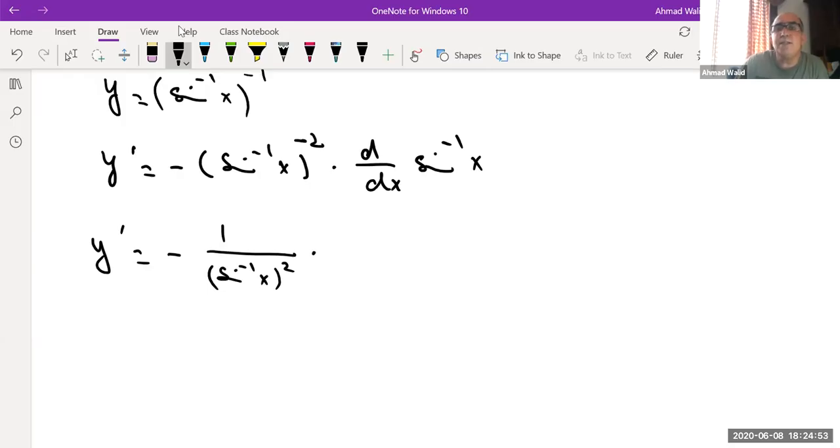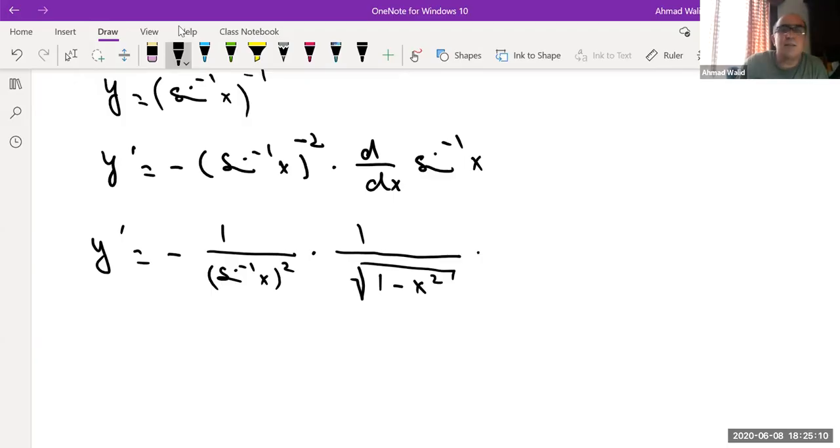Times, what is d/dx of inverse sine x? You have a formula for it, it's 1 over the square root of 1 minus x squared. Correct?